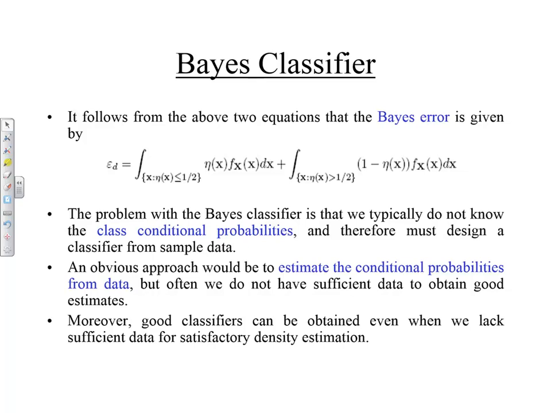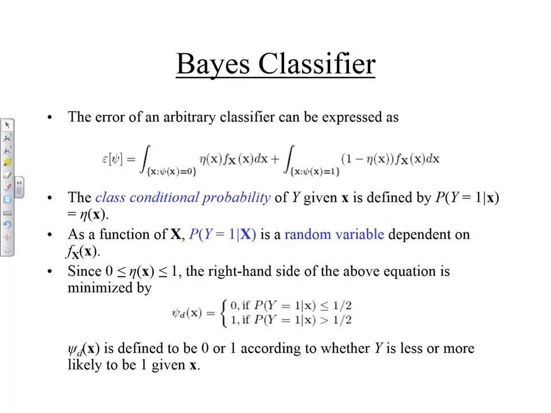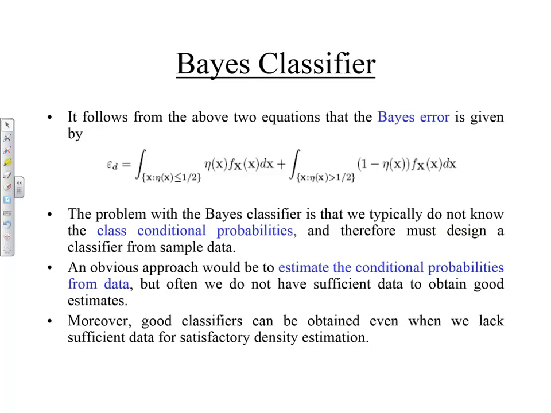The set of all x where psi d of x equals 0 is the set of all x where eta x is less than or equal to half. This one I can replace by the set of all x such that eta x is greater than half. That gives me the integral expression for the Bayes error.